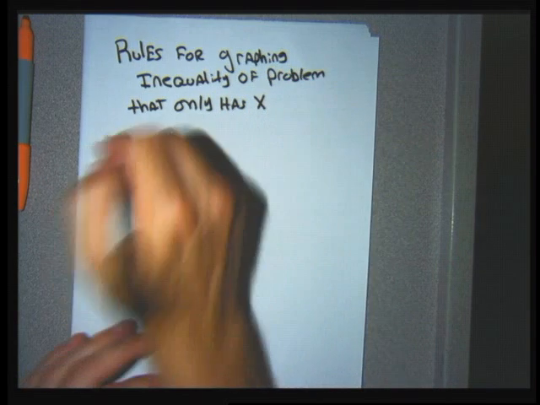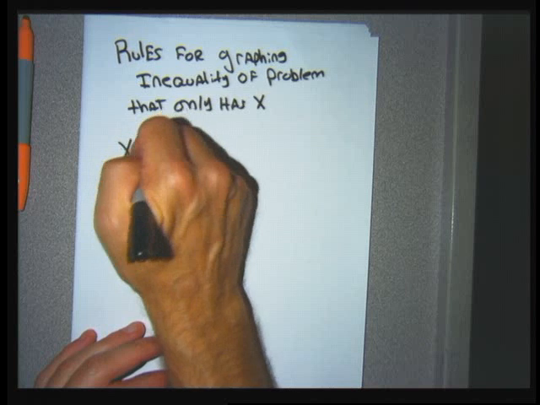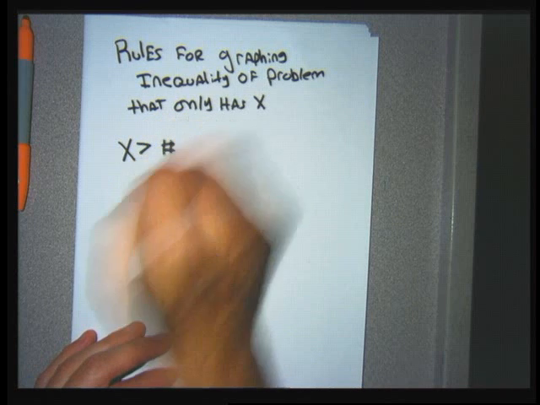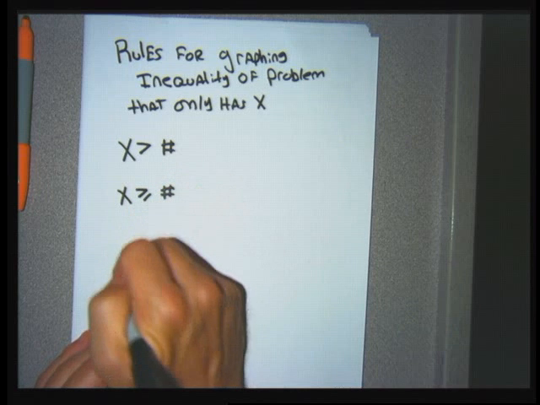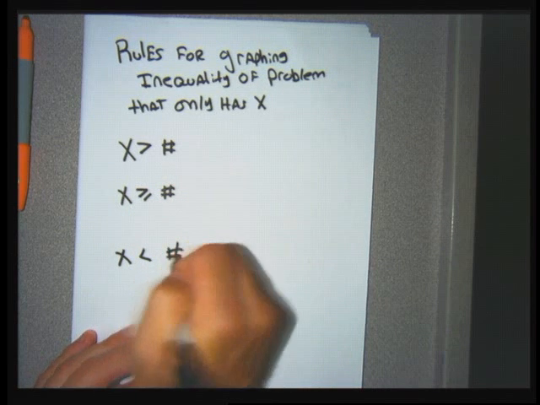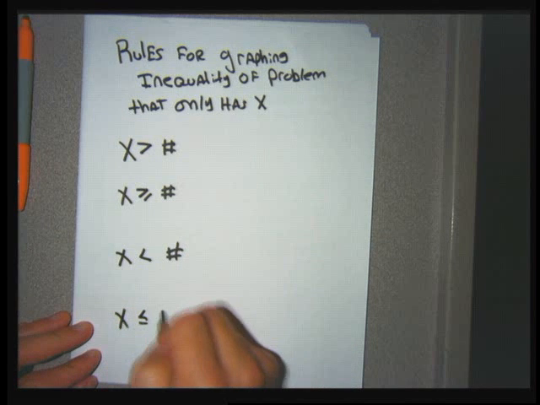There are 4 scenarios. We could have an x greater than some number, an x greater than or equal to some number, an x less than some number, or an x less than or equal to some number.